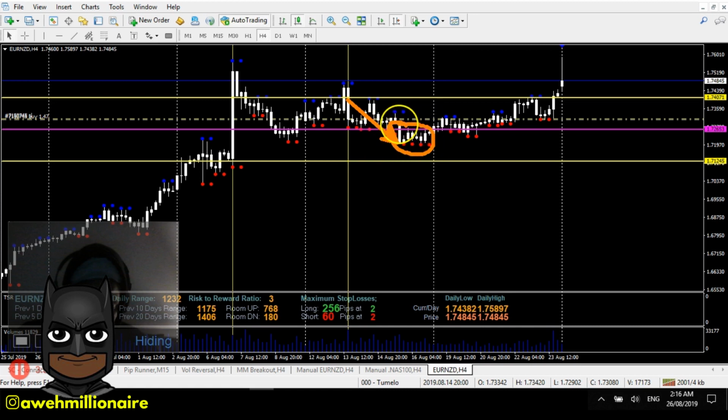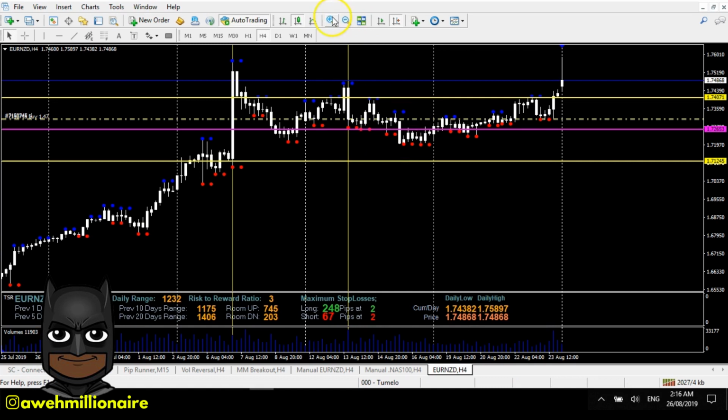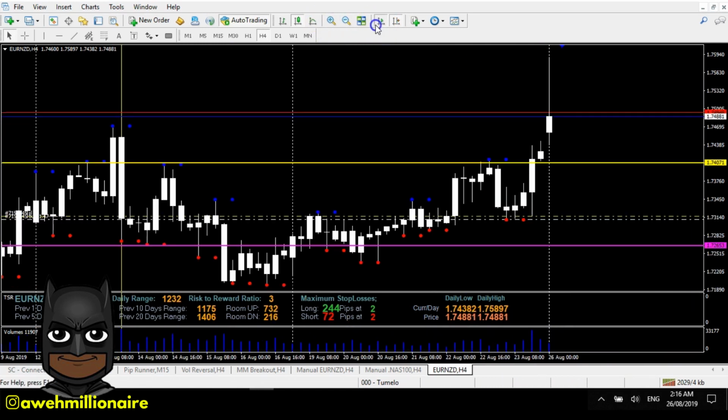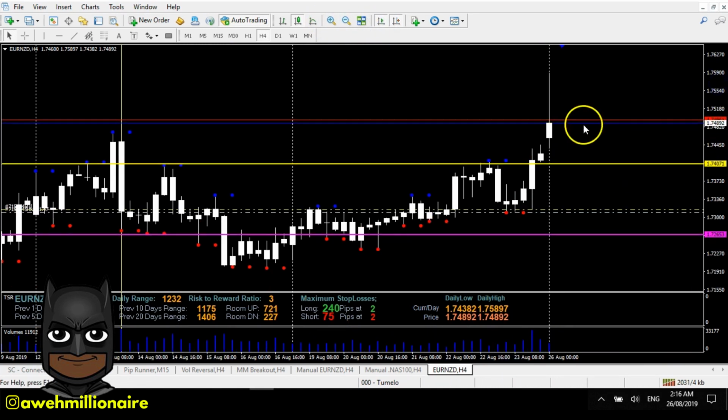Price tested this level, and as you can see, it tried to break this level. I was expecting that if it broke this level, it would come and test the demand zone, and it did break the level.